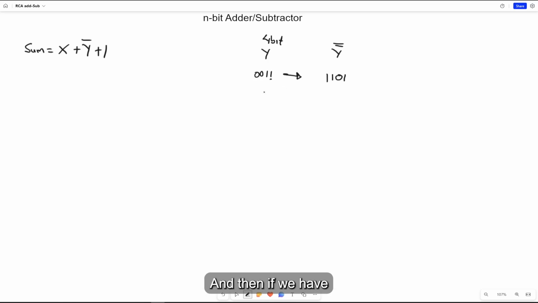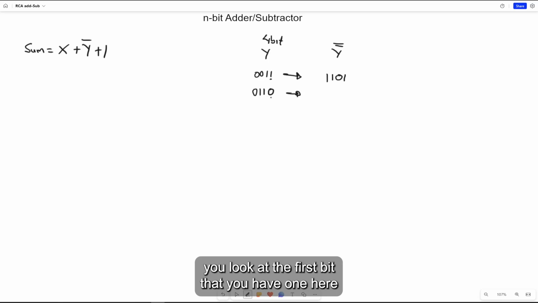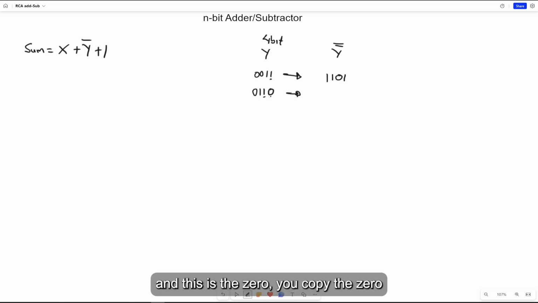And then if we have 0 1 1 0, this is number 6. The second complement of this one, you look at the first bit that you have 1, and the 0s, you copy the 0 from the right-hand side.